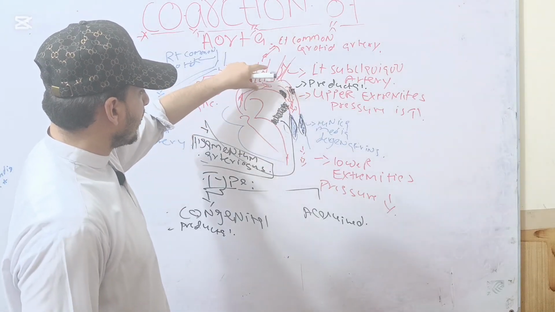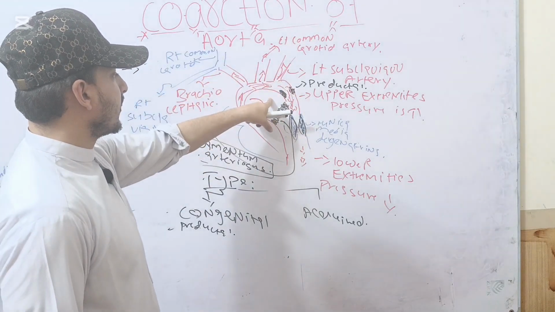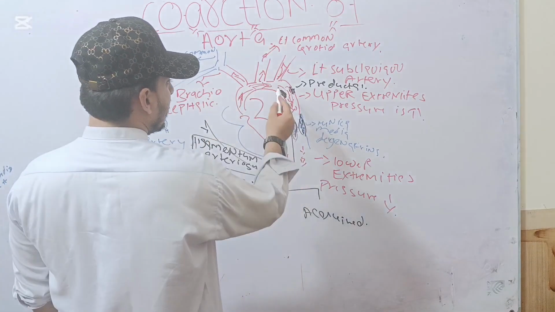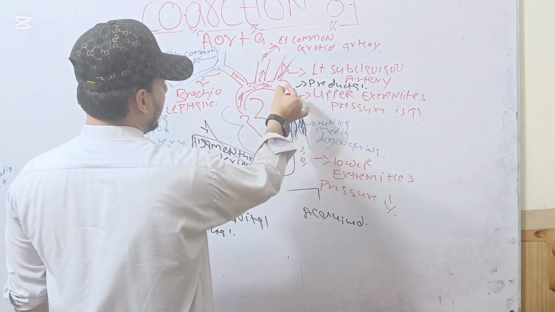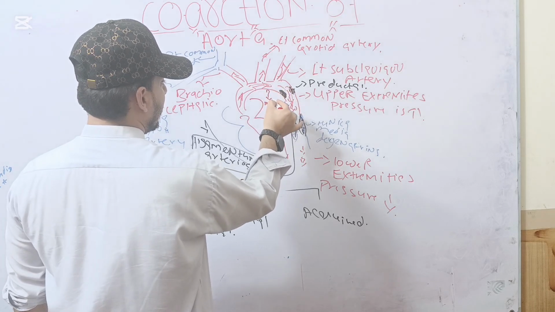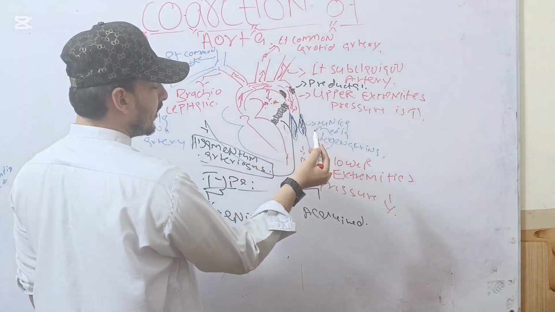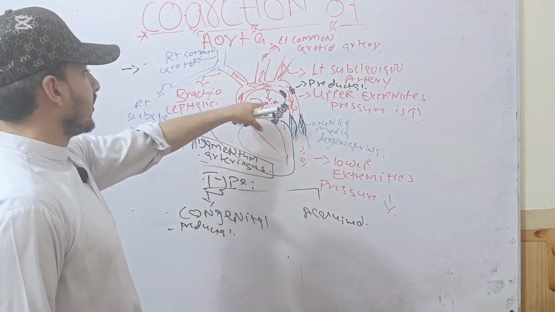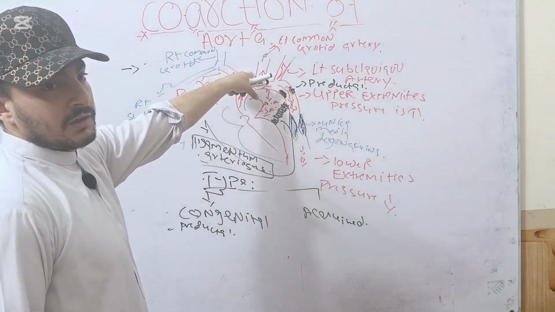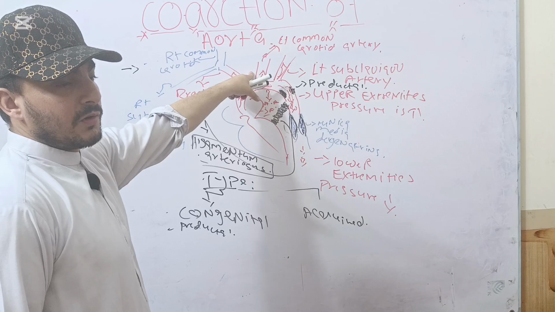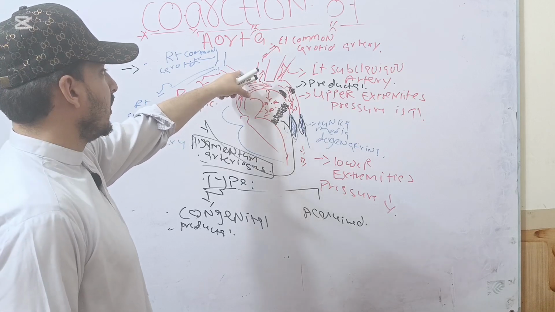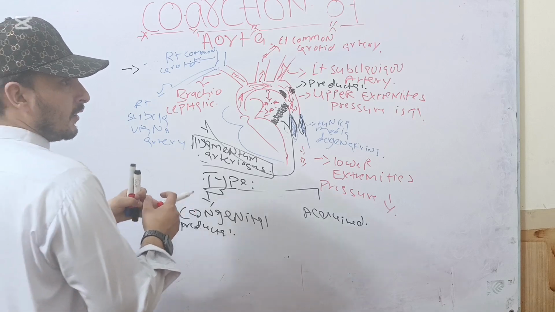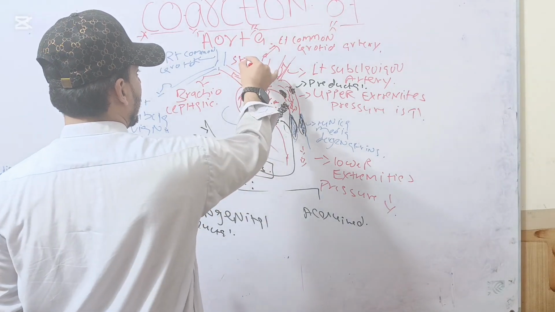In the descending aorta the pressure increases, and if the pressure increases, the medial degeneration increases. If left untreated, there is aortic rupture and aortic aneurysm. There is hypertension in the upper extremities, aneurysm in the arteries of the brain, and there may be stroke.